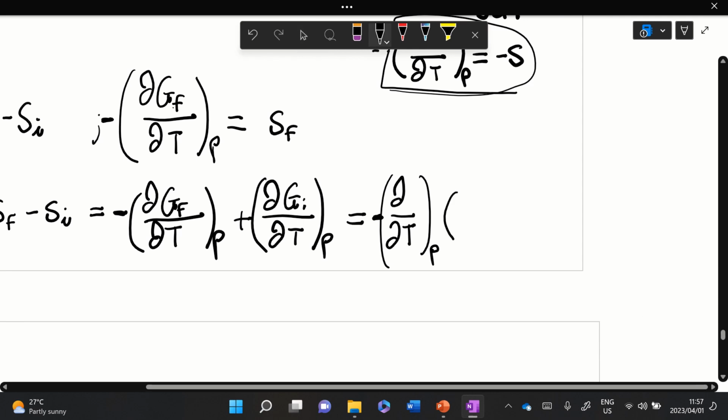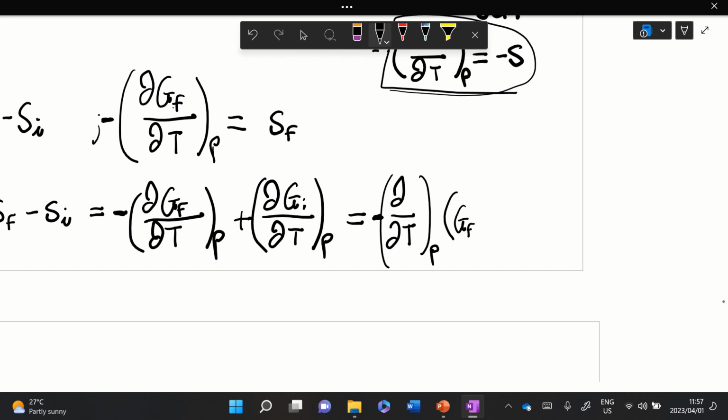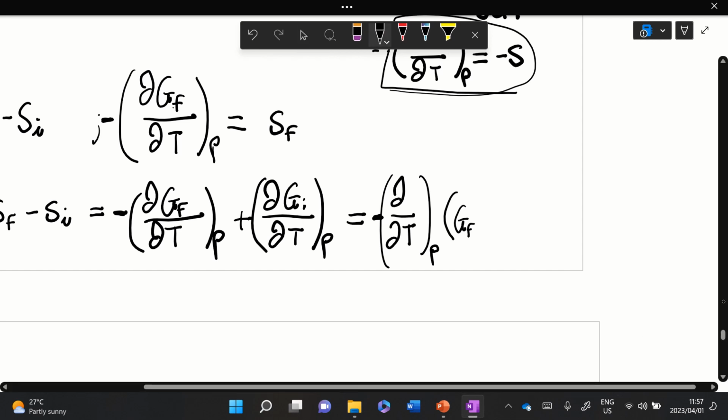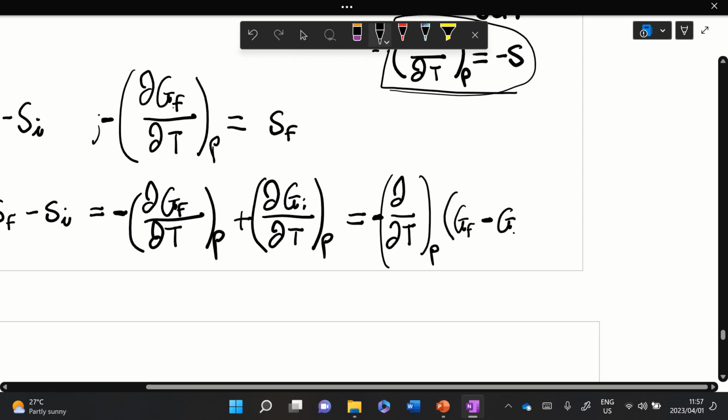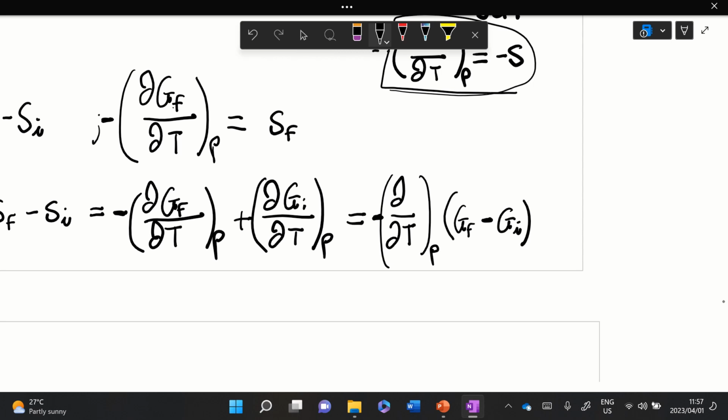So I'm keeping it minus GF, and because we've taken a minus outside the entire bracket, we need to remember to make this a minus, right? Because when we take that minus back in, it becomes plus GI, and that minus stays there, so it remains minus GF.